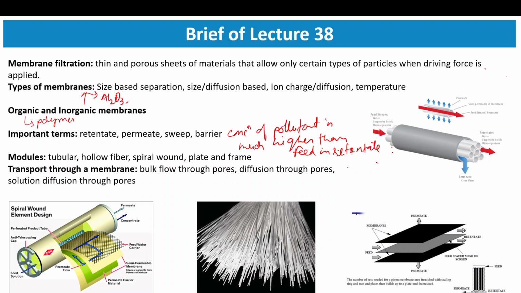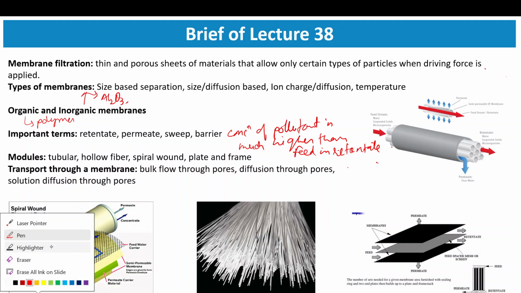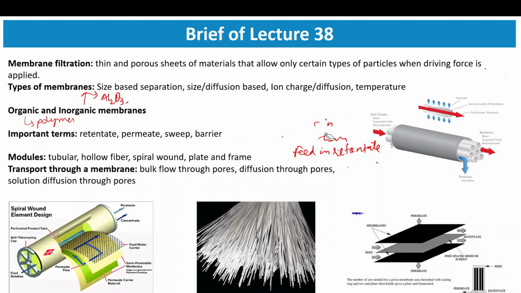Because pollutant is not going anywhere. You are just making two streams, one having higher concentration, another having lower concentration. So you can use the one which has lower concentration, that is the permeate, and you can recycle that water. And this can be later sent to zero liquid discharge for separating, converting into the particle or solid form, which you can send to landfill sites.